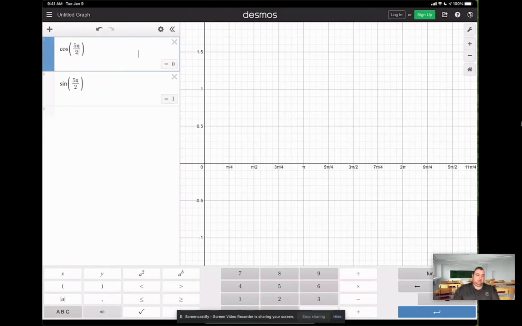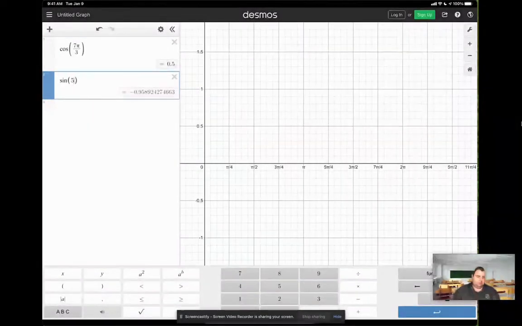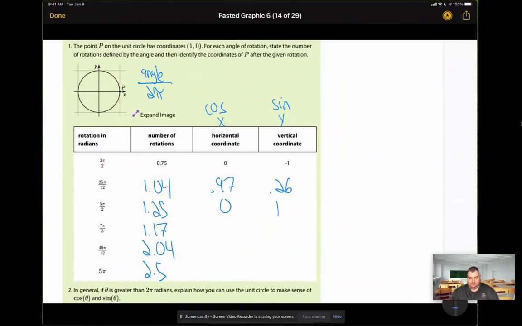Okay, again, we'll just change the angle measurements to 7 pi over 3. So that will be 0.5 and 0.87.